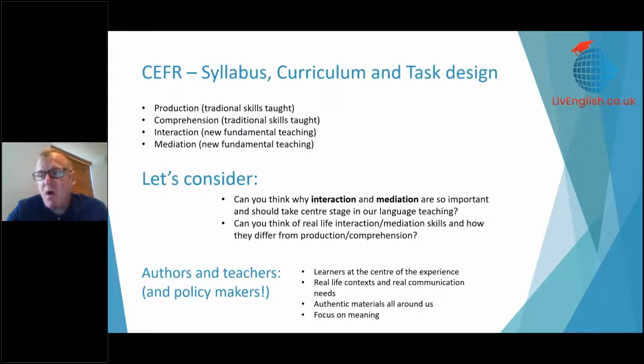Please bear in mind that the CEFR itself is not a course. The CEFR is not a curriculum. The CEFR is not a set of tasks or homework. The CEFR is merely a description of what students, or what anybody, it doesn't even have to be a student, any person can do with the language.